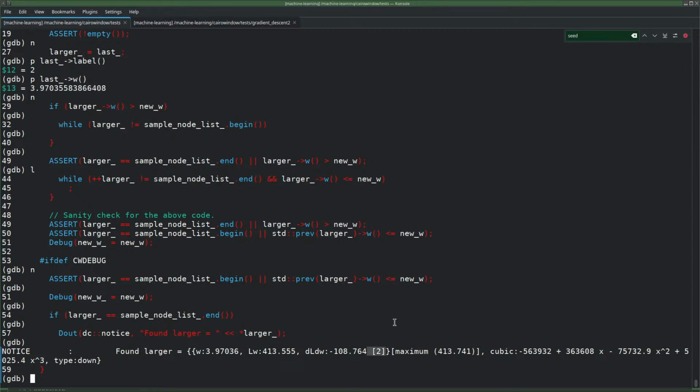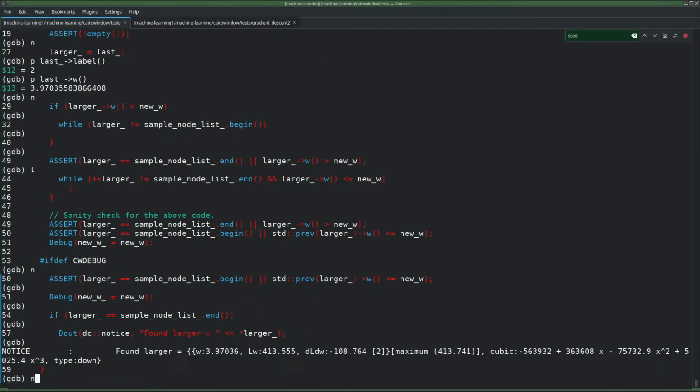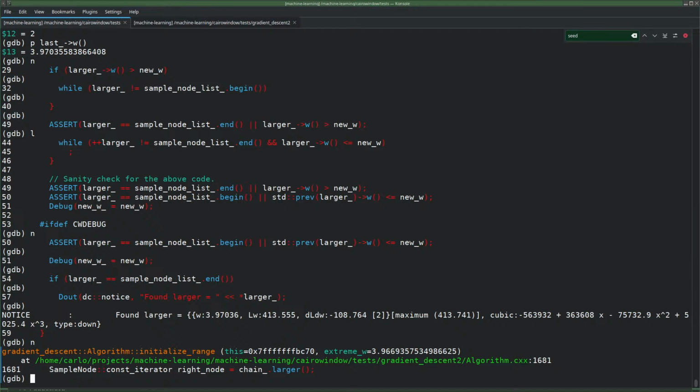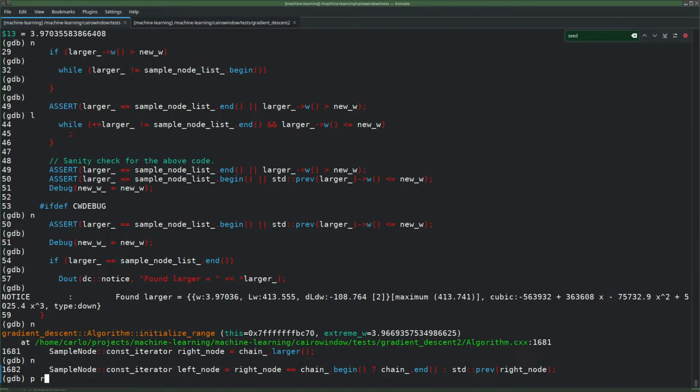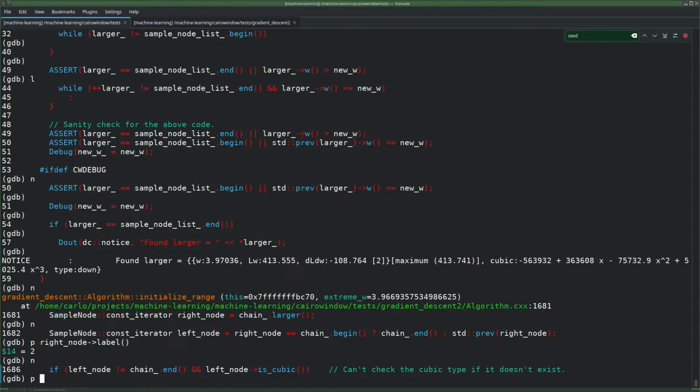So we find 0.2 with 3.97, which is larger than 3.966. And then we assign the right node to that. So now the node on the right is 2. And the node on the left does not exist, because 2 is at the beginning.